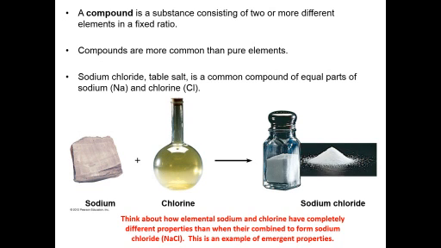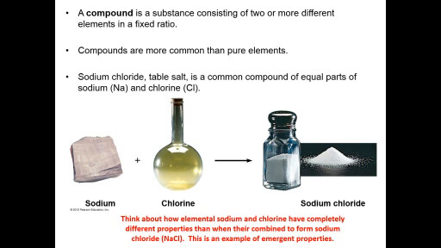Now, chlorine's a gas. It's noxious and toxic, deadly. Well, when you combine these two things together, you get sodium chloride. So you're taking something naturally occurring, you're taking something that's noxious and deadly, and you're using it to make something totally new, table salt, that has totally different properties.